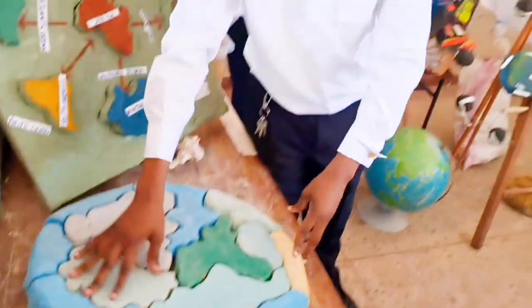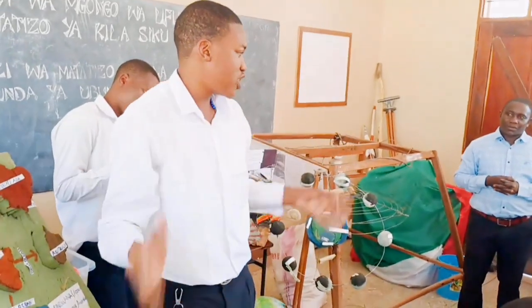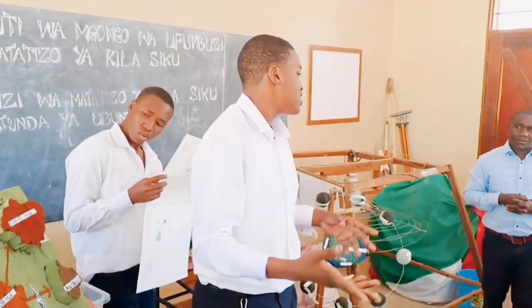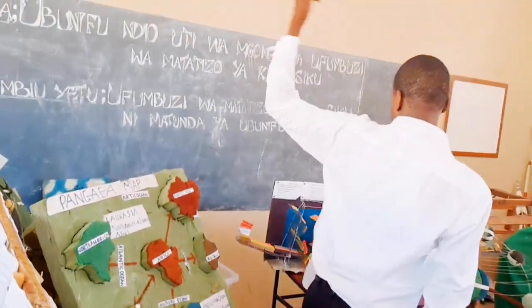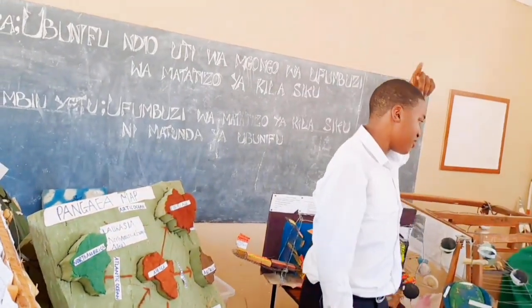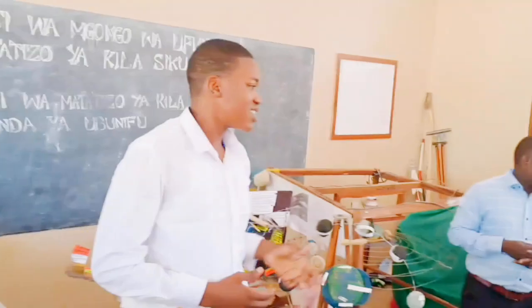So the shape of the Earth is still spherical today, due to the different evidence, as we shall see in O level. This is the evidence of the spherical shape.